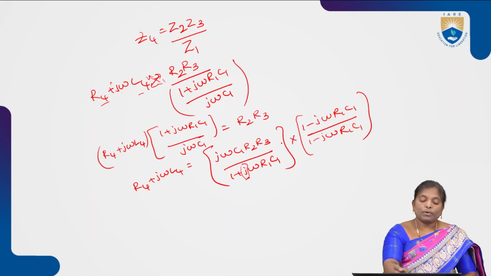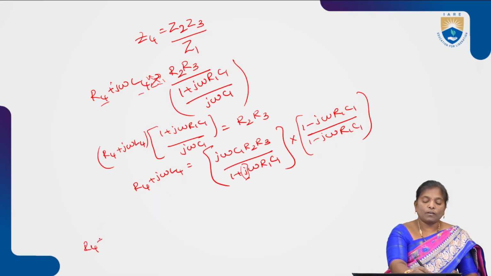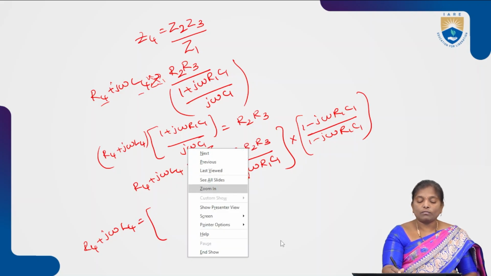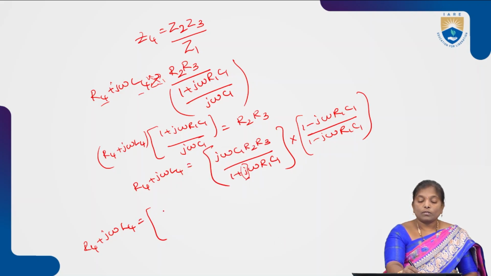Now, multiply these two terms, then we have R4 plus j omega L4 equal to, multiplying each term with this term, j omega C1 R2 R3 minus j into j, which means j square, which is equal to minus 1.